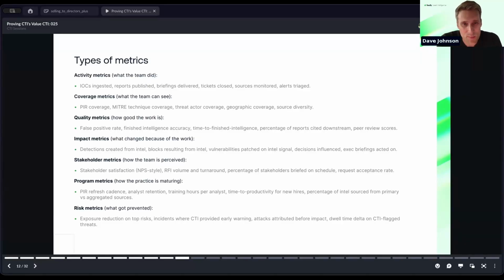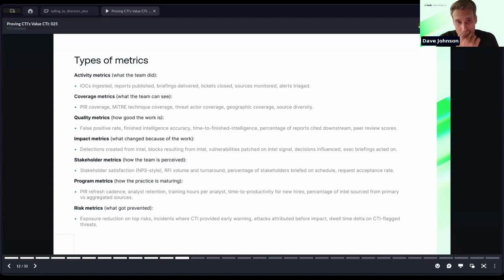If you're talking about risk metrics, let's start at the bottom: what got prevented, top risks, entire program metrics. If you're less mature, you really shouldn't spend a whole lot of time worrying about those, because you're trying to build operational capacity and build a system.